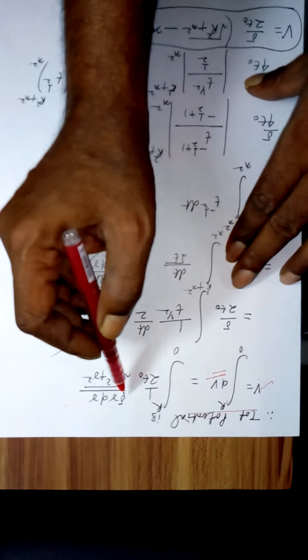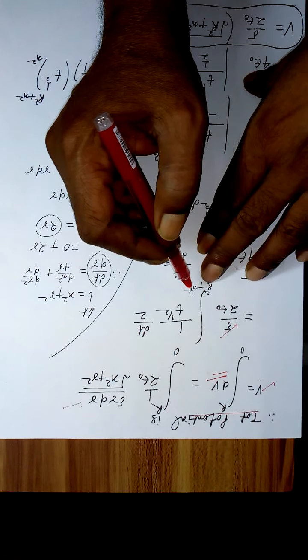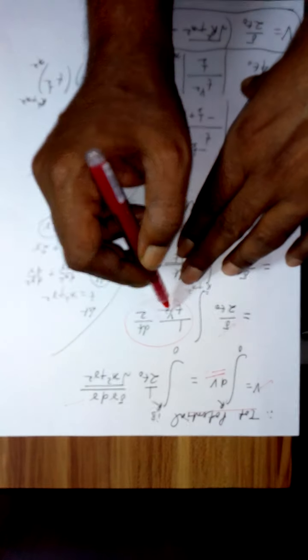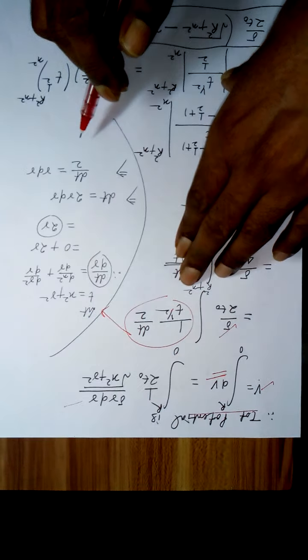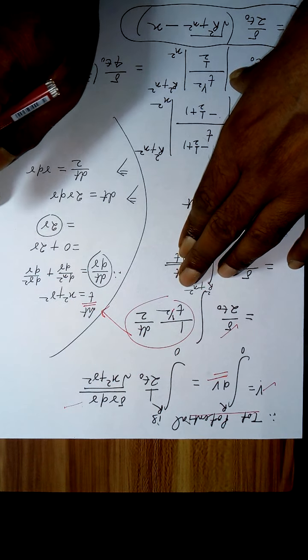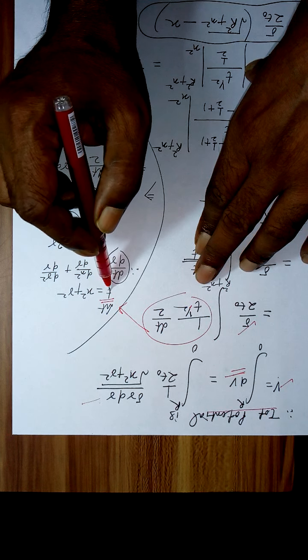Now sigma is constant, 2 epsilon naught is constant, so they are taken out, and we need the integration of this. How it is done is explained here. Now look, let t be equal to x square plus r square.